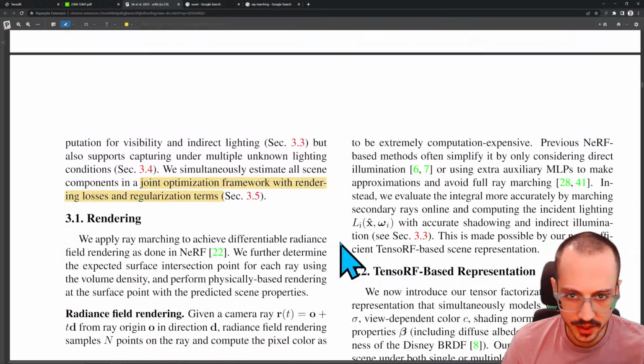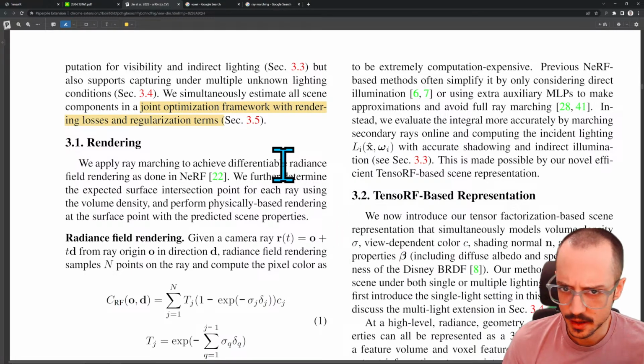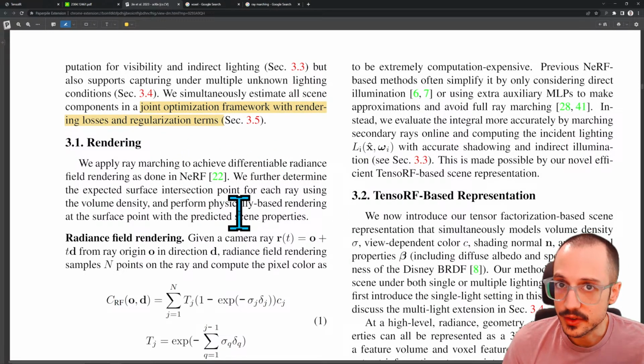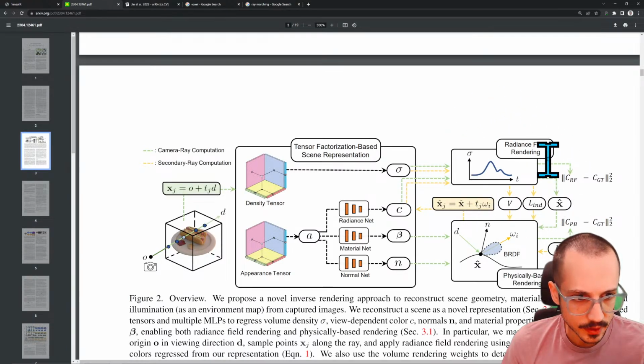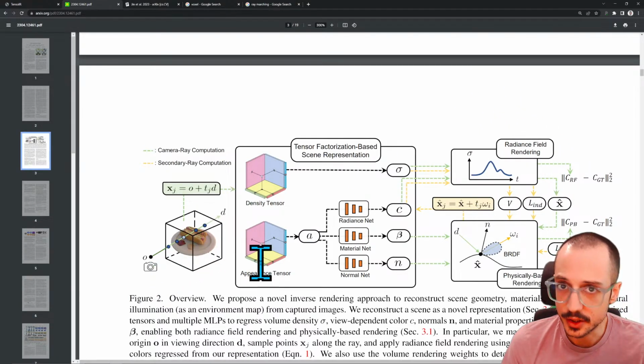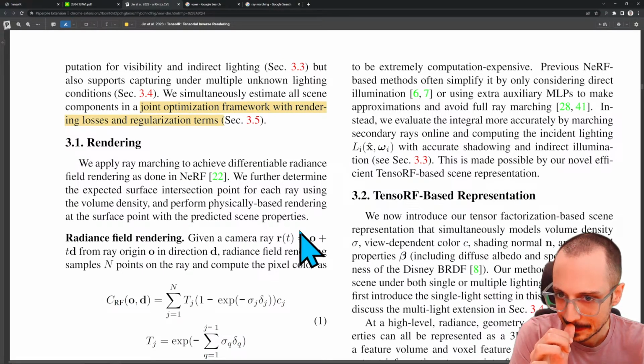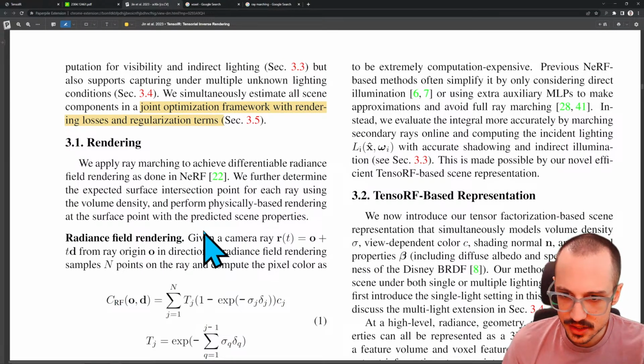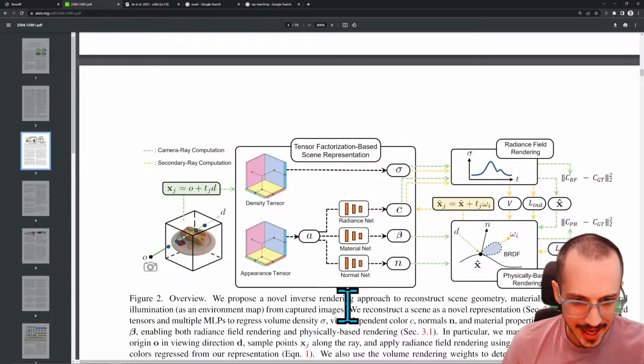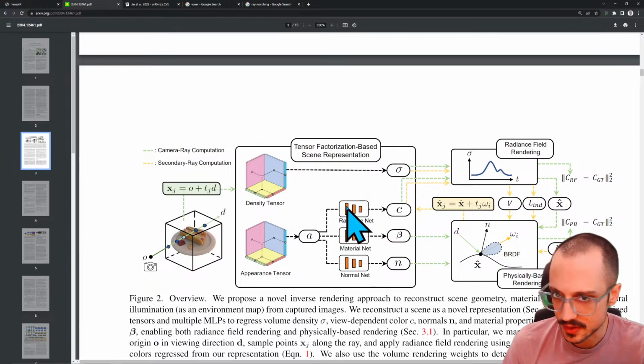So I can scroll down here. We apply ray marching to achieve differentiable radiance field rendering. So there's your ray marching right here, right? You have your ray, you're marching along your ray. We further determine the expected surface intersection point for each ray using the volume density. Okay, so if you have the density here, the opacity is another way to call it, then you can say here is where the density is the highest, which probably means that's where the surface of the object is, right?